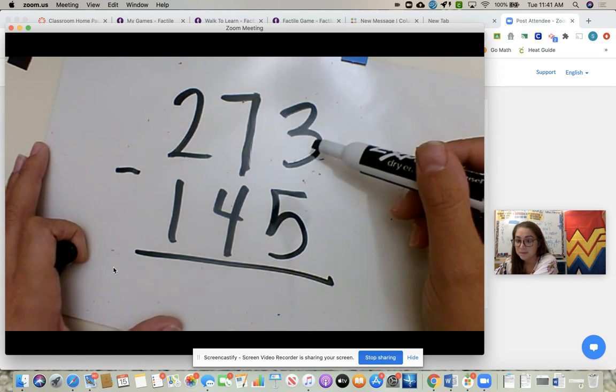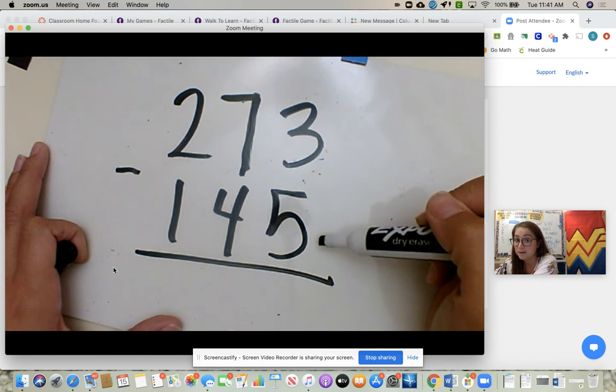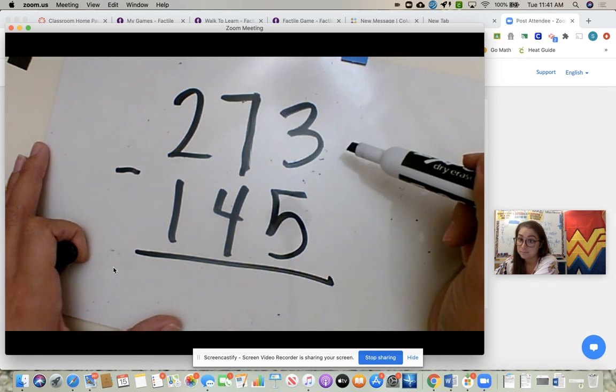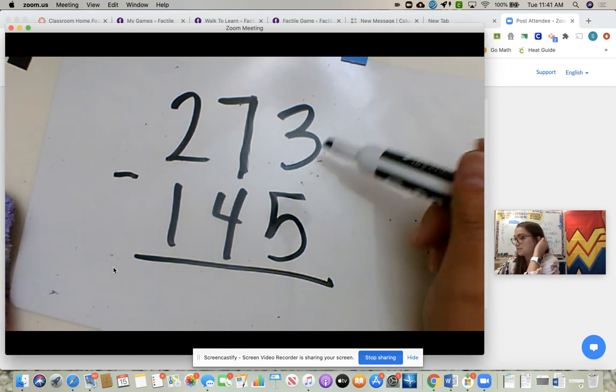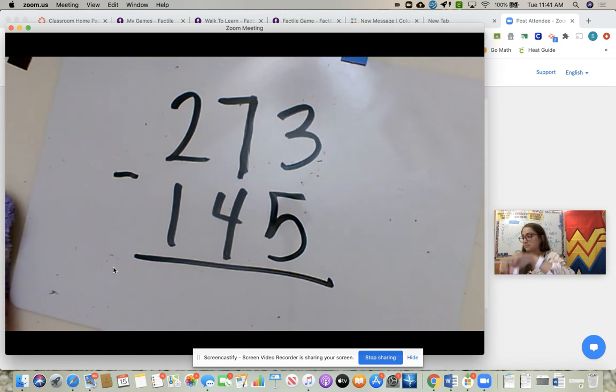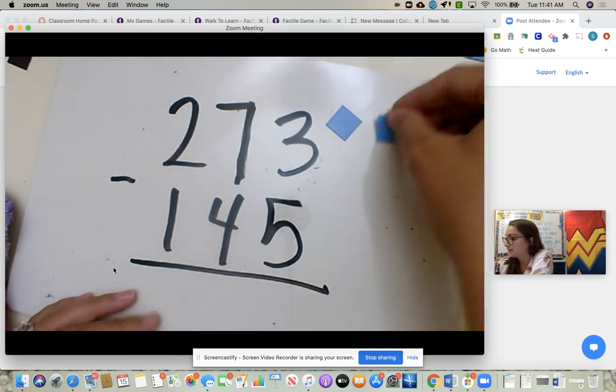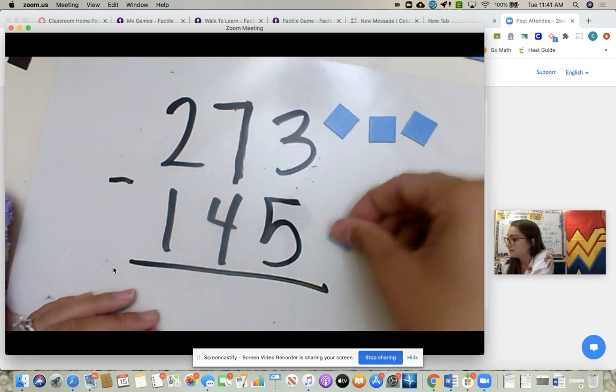If your top number is smaller than the bottom, you need to borrow. If it's bigger, you don't at all. So let's practice that with hundreds. I have 3. There's 5.